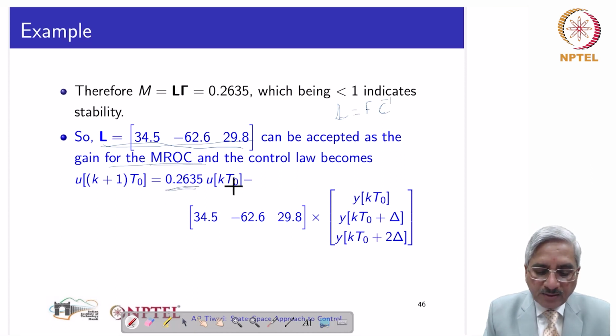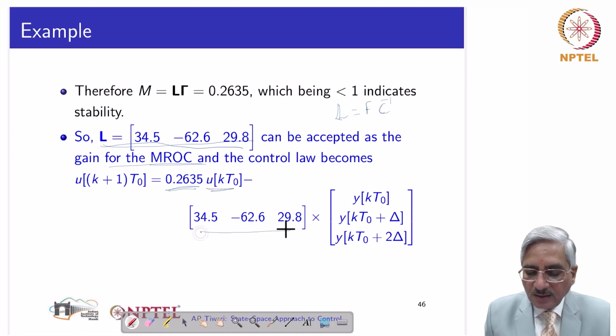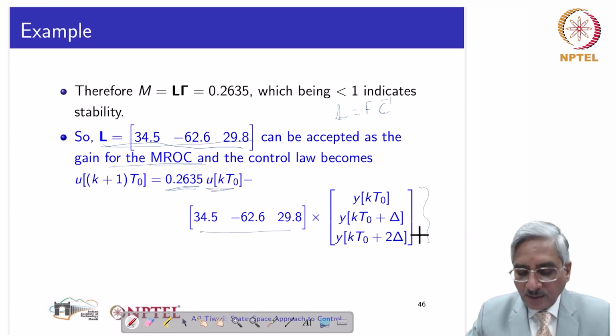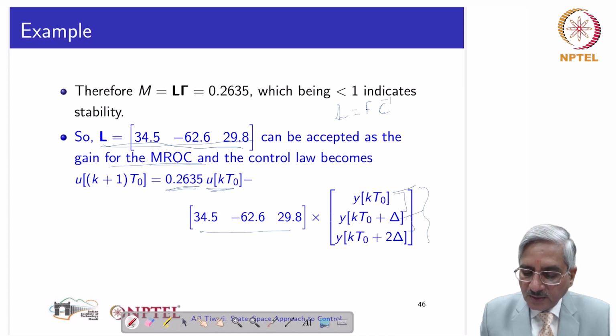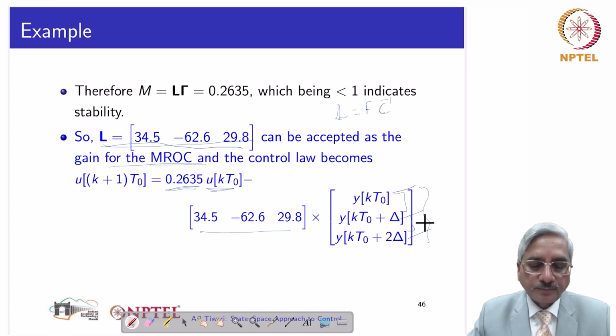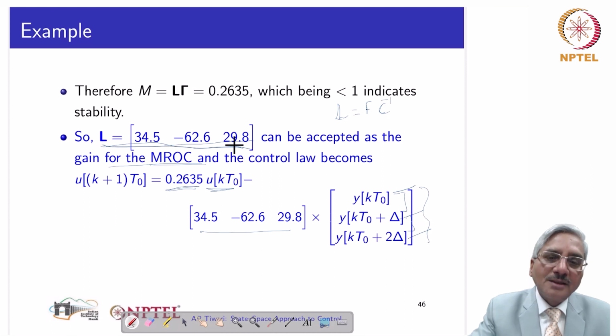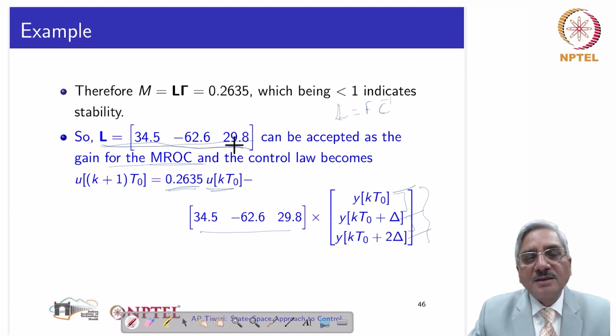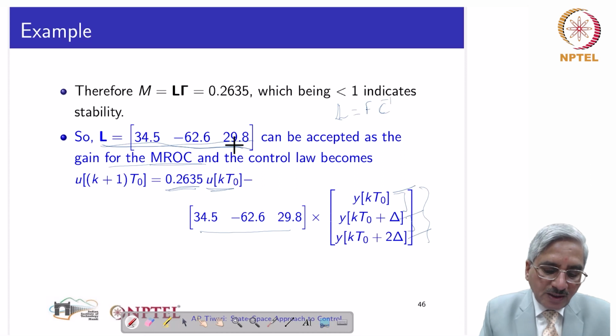This is M times U(kT0) minus this is L, and this is the stack of output samples taken during T0, and they are spaced by delta, you can see. So one at T0, one at T0 plus delta, one at T0 plus 2 delta, and so on. We can obtain this L. This L realizes the state feedback gain, and so for this system, without an observer, we can implement state feedback through this L and through this control.